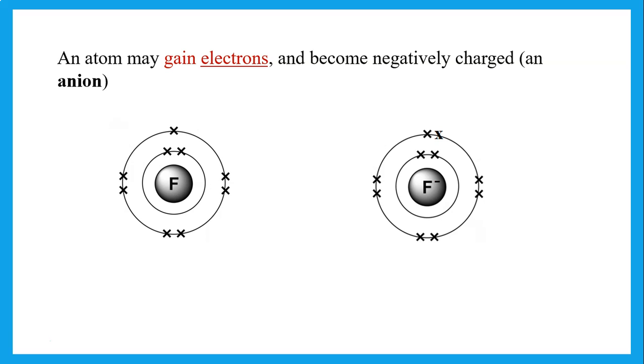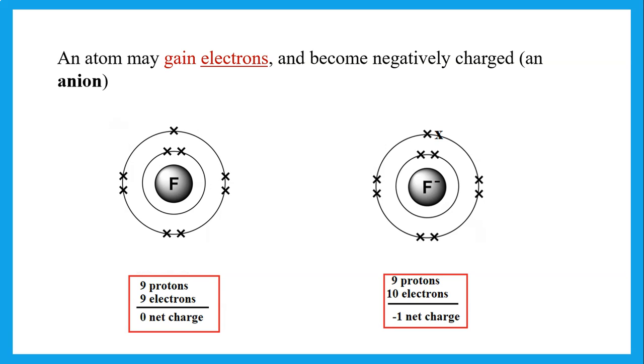What if the atom gains electrons? Remember that metals will lose, but non-metals will gain electrons. Fluorine, for example, is a non-metal. Fluorine has atomic number 9. That means it has 9 positive protons and 9 negative electrons. So overall, the fluorine atom is neutral. But what if the fluorine atom gains an extra electron?